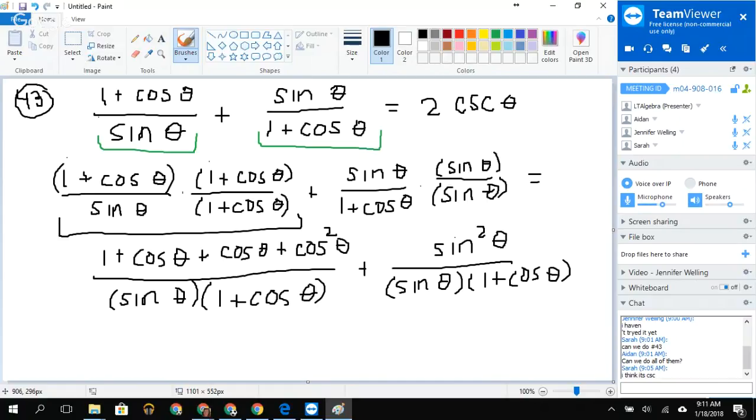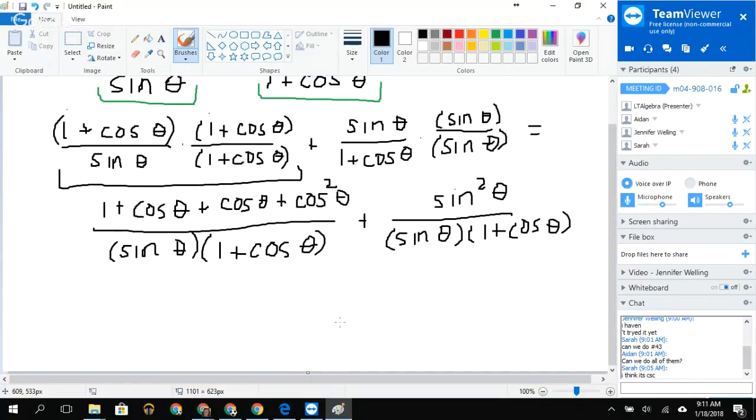All right, so next up, we're going to combine our fractions together, and also make my paper longer because I'm going to need a lot more room, right? So we have cosine of theta plus cosine of theta, so that would be 2 cosine theta, right?